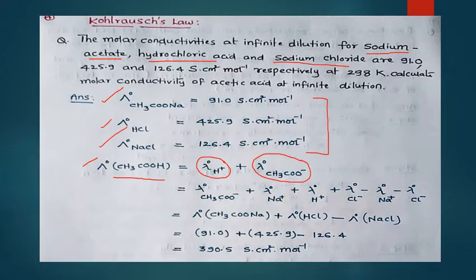Just a puzzle type question. Clear? So finally you are getting lambda naught CH3COO minus and lambda naught H plus. Just substitute the values: 91.0 plus 425.9 minus 126.4. So this is the answer, 390.5. Unit is very important: Siemens centimeter square mole inverse.